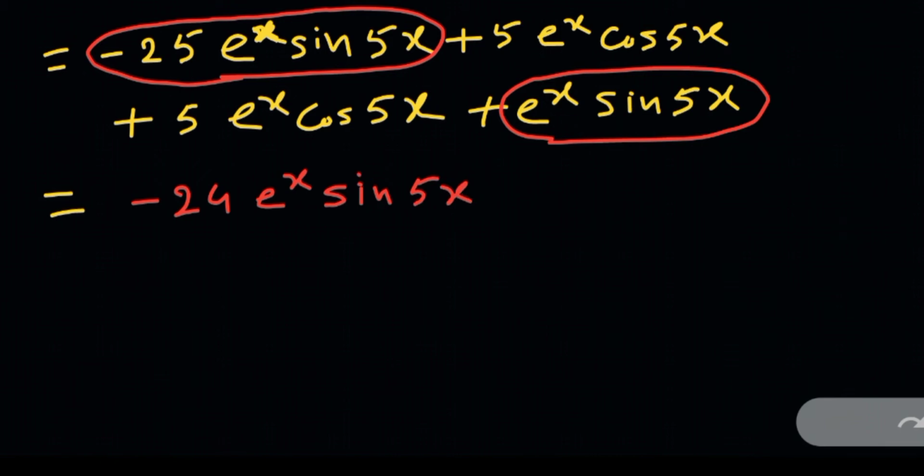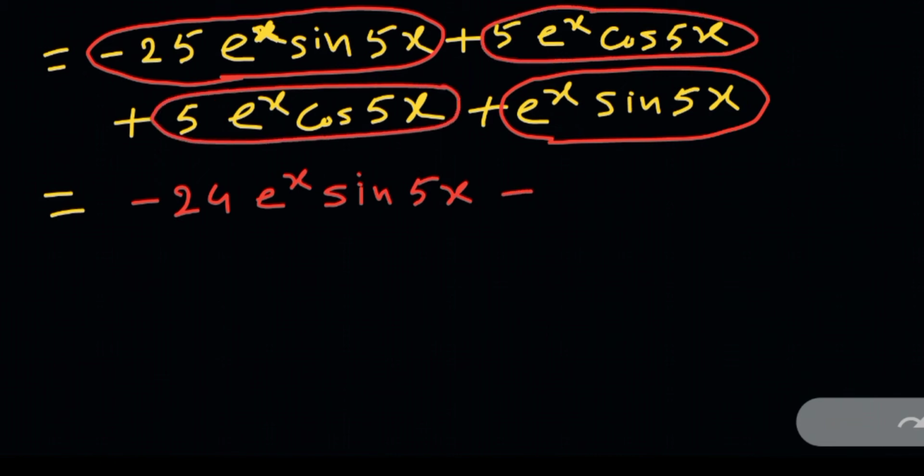Okay, and similarly this 5 into e to the power x cos 5x and 5 e to the power x cos 5x are similar terms. Similar terms you will add, so you will get 5 plus 5, 10 e to the power x cos 5x.